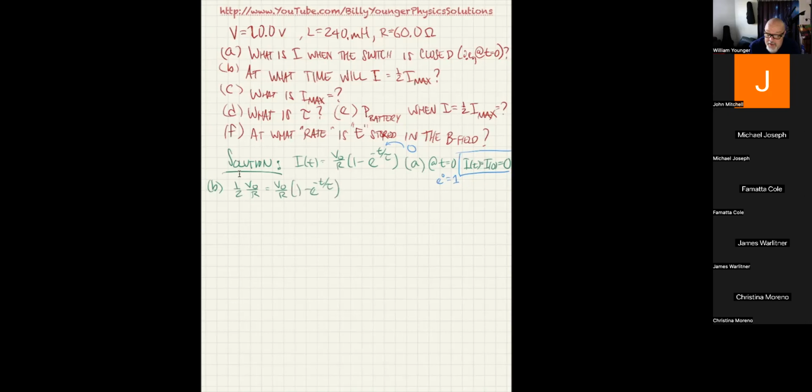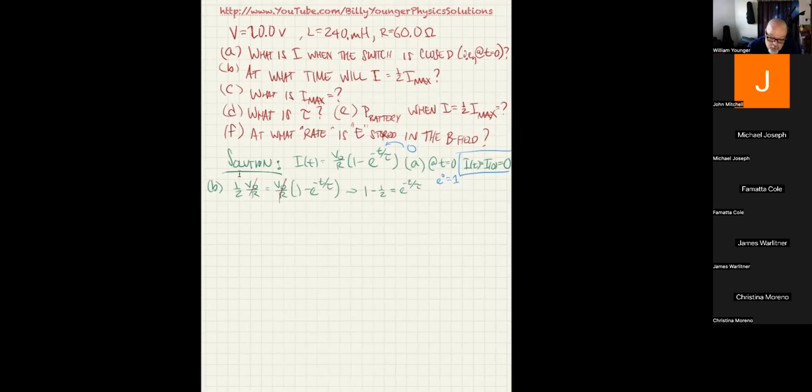Now, you can automatically see that the V0s drop out there. And you could also see that now we're going to have 1 minus 1/2 is actually equal to e to the negative t over tau, and that t is the t that I want.